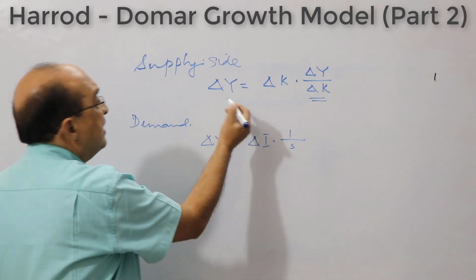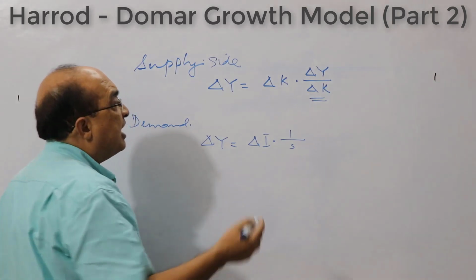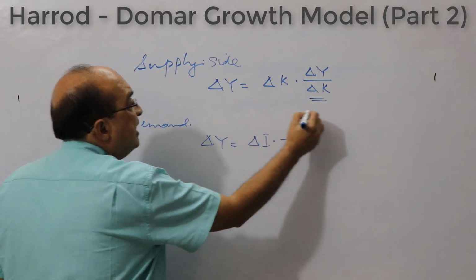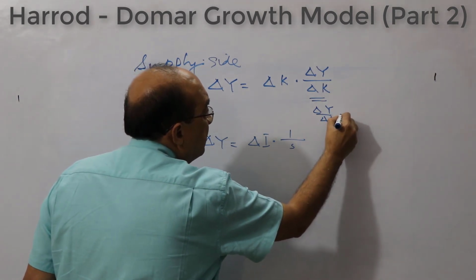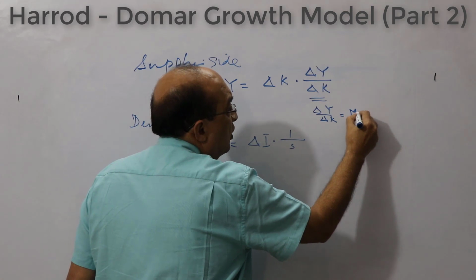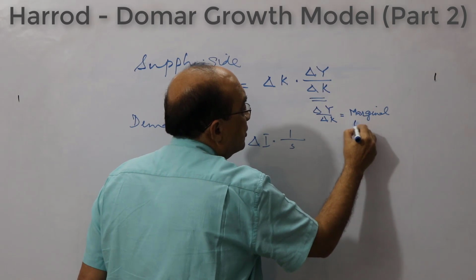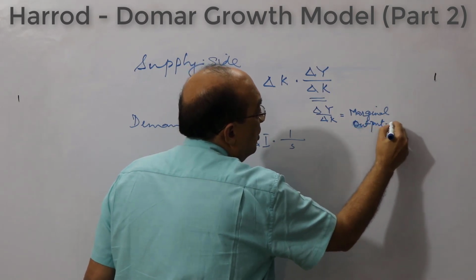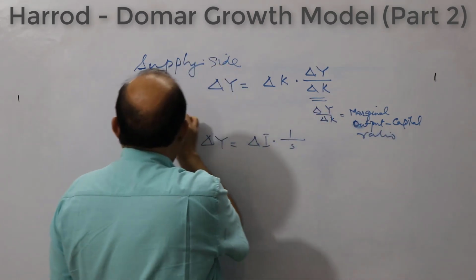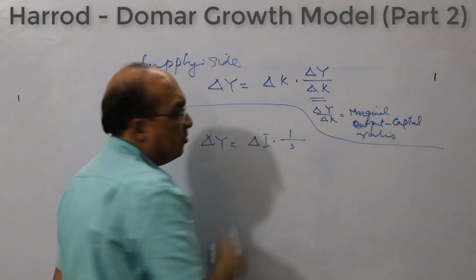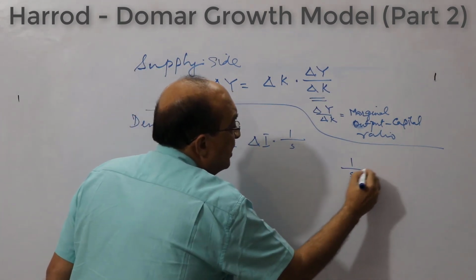Rather, I should write it here: delta K is the change in capital stock, and delta Y by delta K is the marginal or incremental output capital ratio. So let me separate it out. Okay, and here 1 by s is nothing but the multiplier.